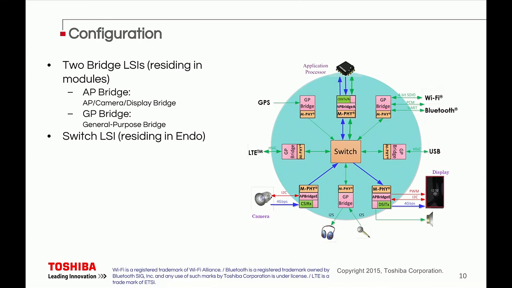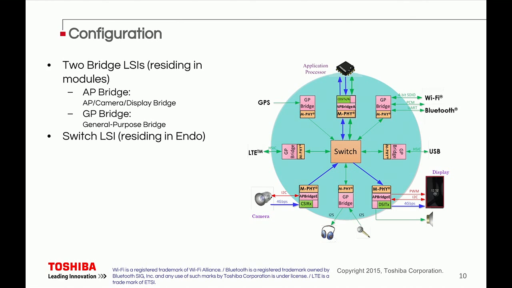Altogether, you see this in a very simple, high-level view of what our platform will look like, with the switch in the middle and the various bridges on the periphery. For example, your camera will pick up an image, it gets processed into CSI2 packets into the AP bridge.